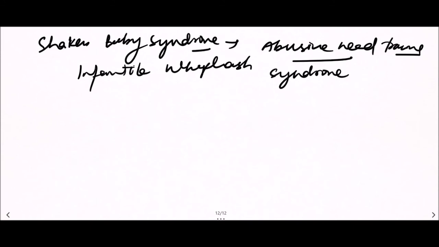So there is a feature that is very characteristic. These are the signs and symptoms developed as a result of violent shaking of the child. So, the salient features related to shaken baby syndrome.